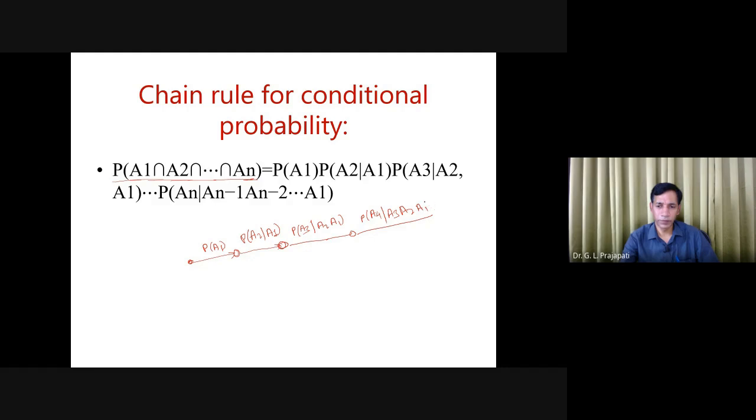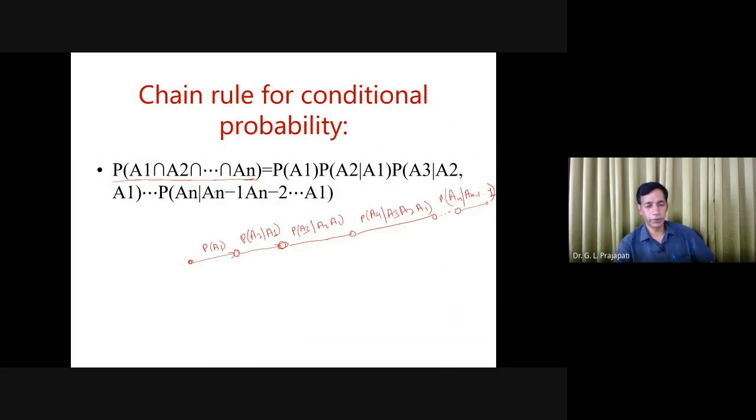In this way, you reach the last event, the nth one, so the probability of An given An minus 1, and before that An minus 1 up to 1.